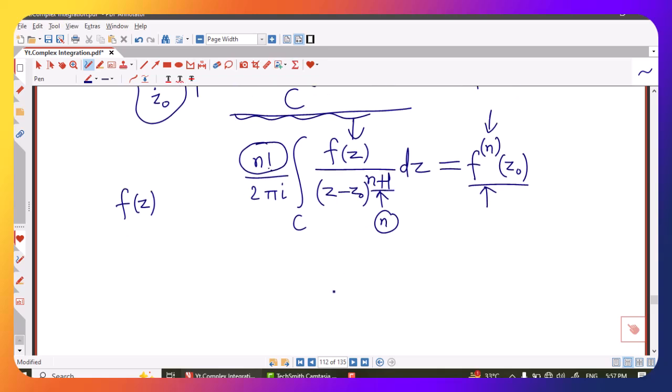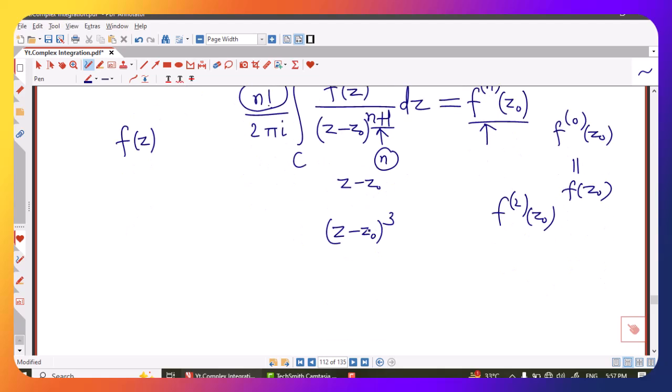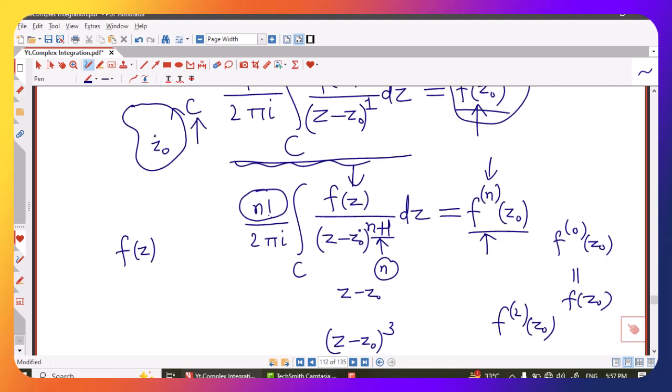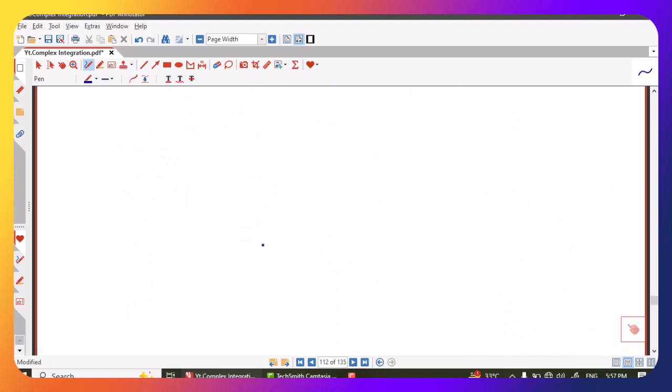If we have z minus z0 to the power 3, then we will have the second derivative of f at point z0. That is called the extension of Cauchy integral formula. For n equal to 0, we have z minus z0 to the power 1, and in that case we have the 0th derivative, that is, the value of the function at point z0. So sometimes you will require this formula when the power of z minus z0 is bigger than 1.